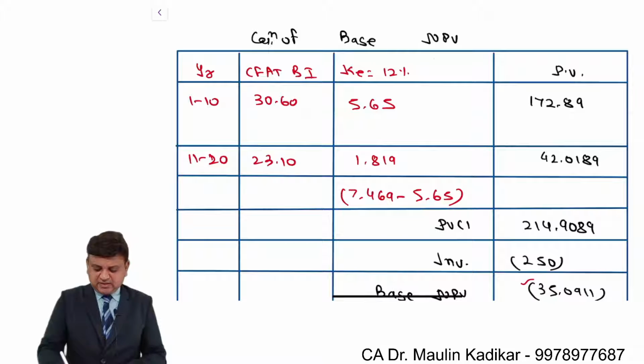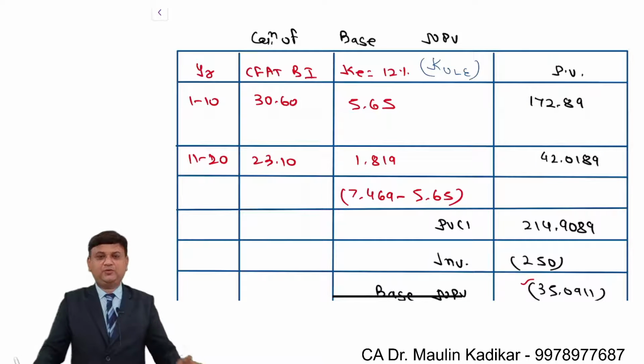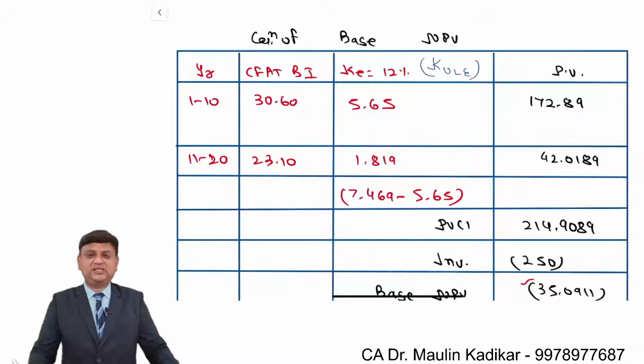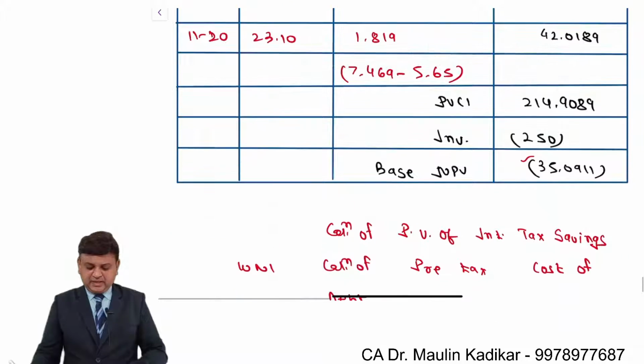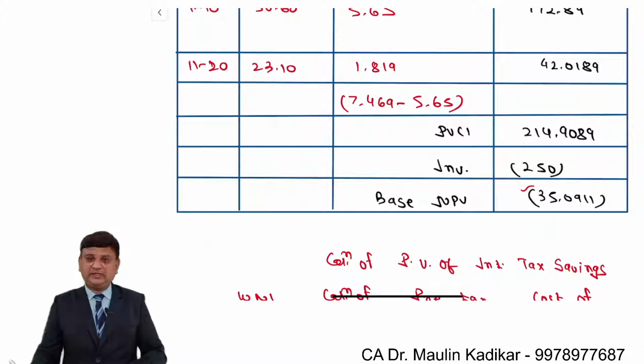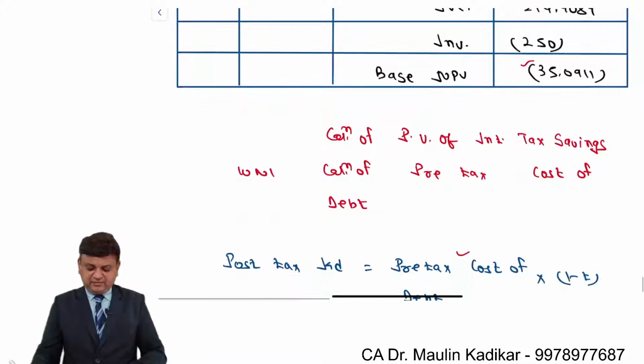Friends, it has a very technical name, cost of unlevered equity. Your chapter on portfolio management also covers this concept, which you can correlate. Present value of the cash inflow minus investment is the base NPV.